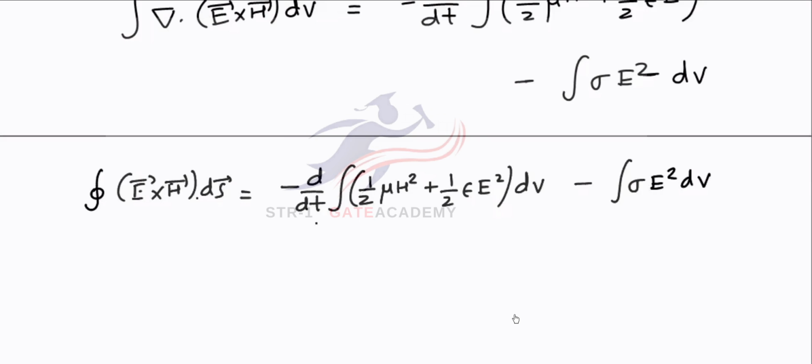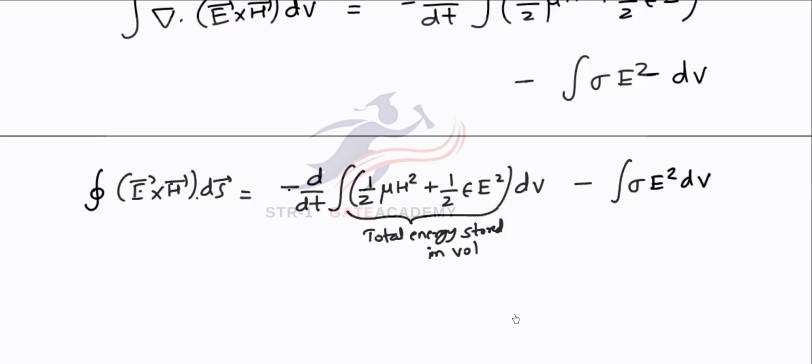Now half mu H square is nothing but the energy stored in the magnetic field, whereas half epsilon E square is nothing but the energy stored in the electric field. So this is nothing but the total energy stored in the complete volume.